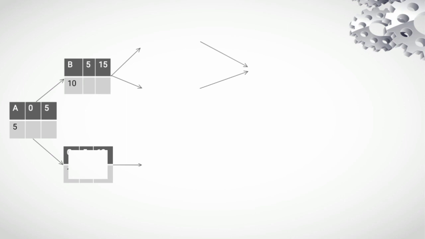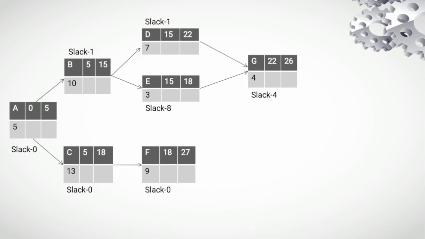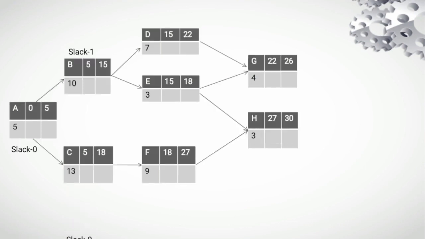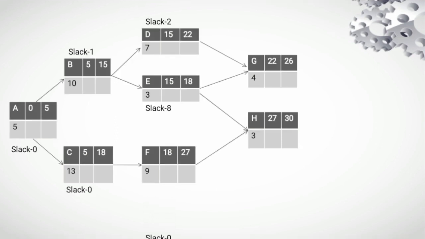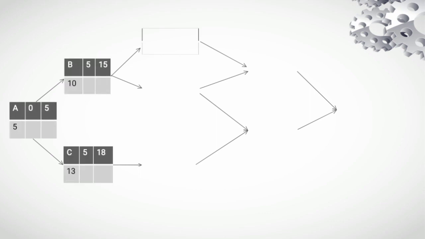G has two predecessors, E and D, where D has more estimated days needed to finish its activity. Activity G must take the EF of D, which is 22, as its ES, plus 4 days, where 22 plus 4 equals 26. H has two predecessors, E and F, and F has the higher days prior to completion, and the EF of F is 27.